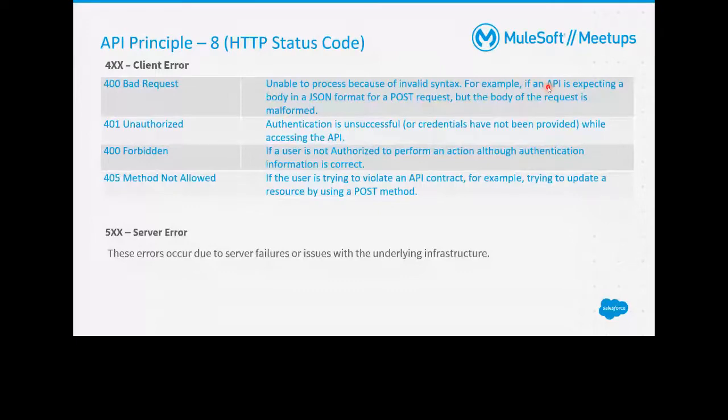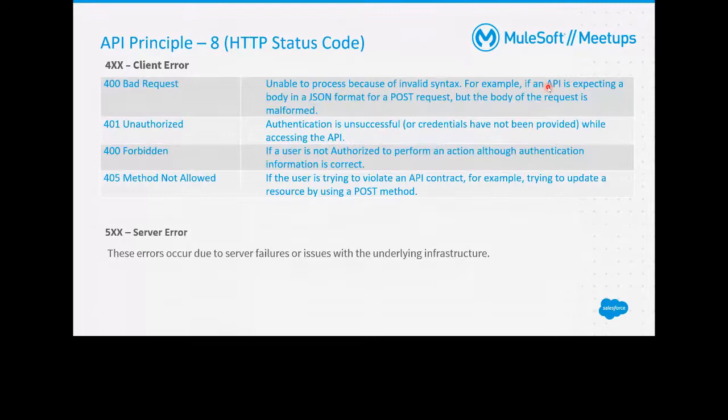Let's say you are passing the client ID and client secret which you have created in your API management, giving access to a particular API. Although it is a valid one, you didn't request the production API, you requested a dev API, and you are trying to access a production one. So obviously you don't have access to it. Although you are passing the correct details, you are still forbidden.